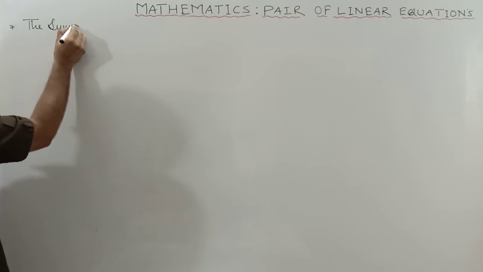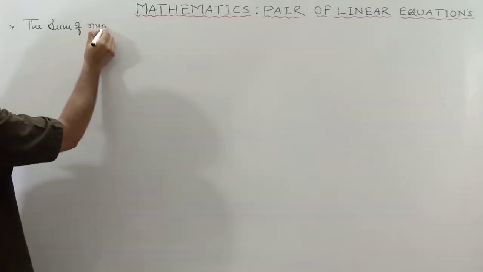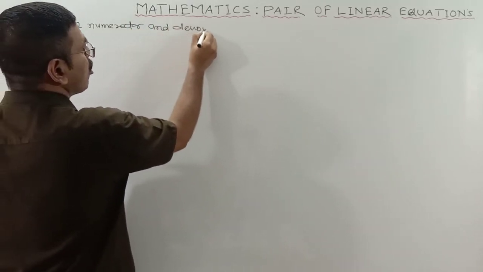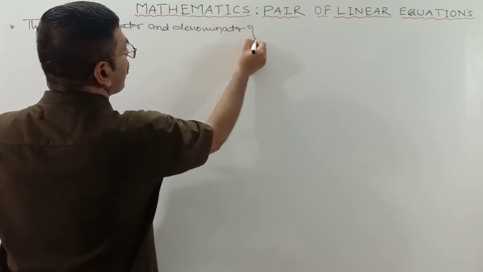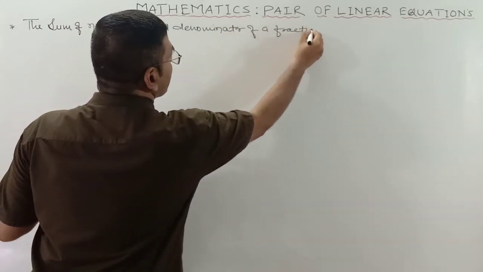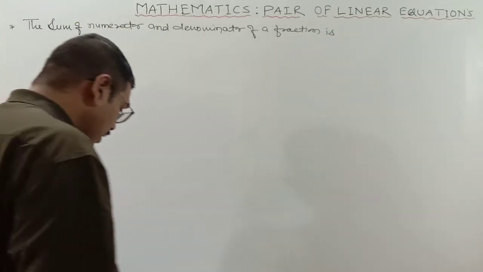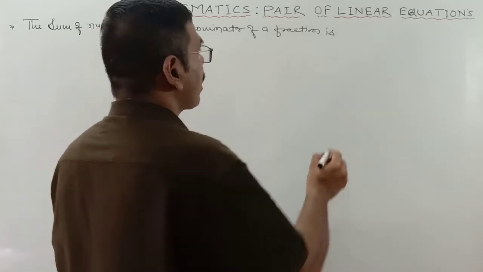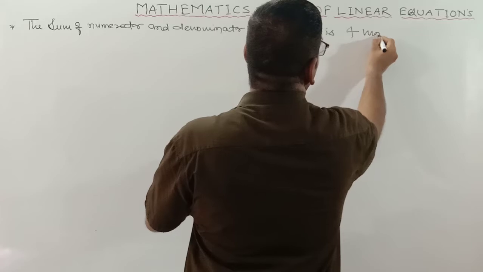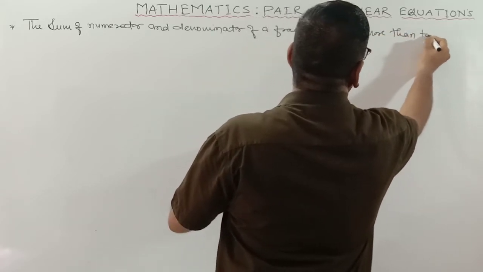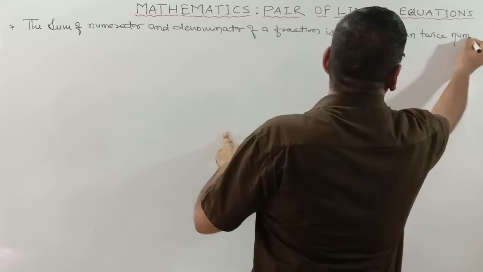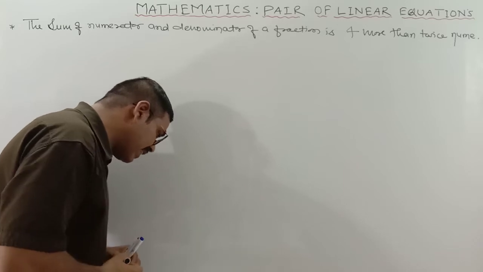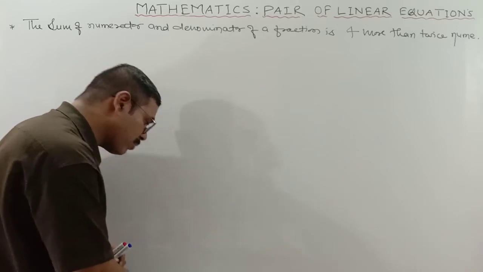The sum of numerator and denominator of a fraction is 4 more than twice the numerator.